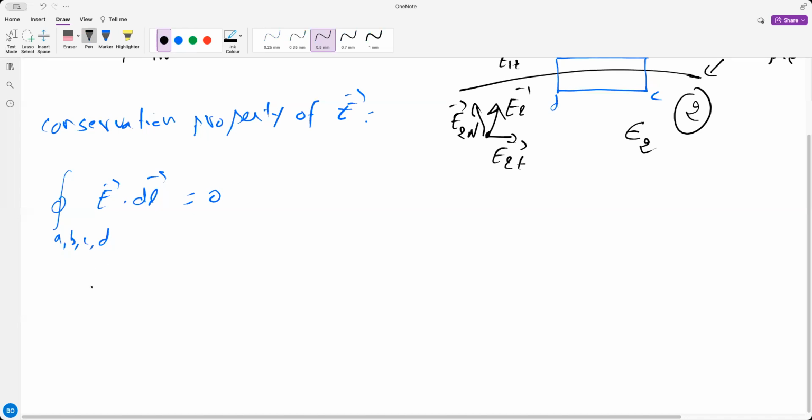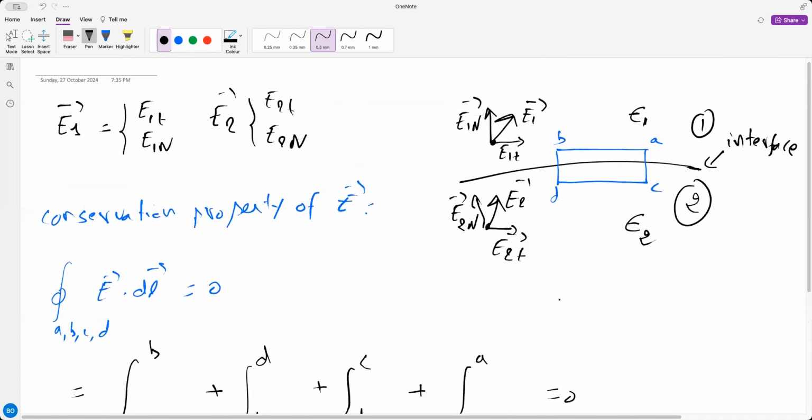This means that the integral from A to B, plus the integral from B to D, plus the integral from D to C, plus the integral from C to A is equal to 0. Since we are looking at the interface, we can make the sides very, very small, a very thin layer, so that it is almost 0.